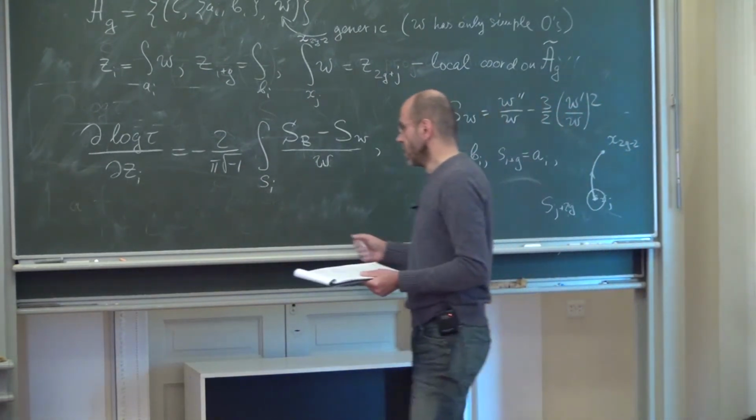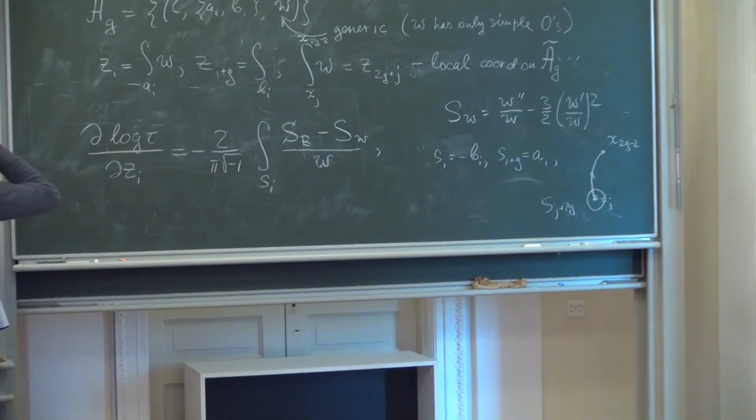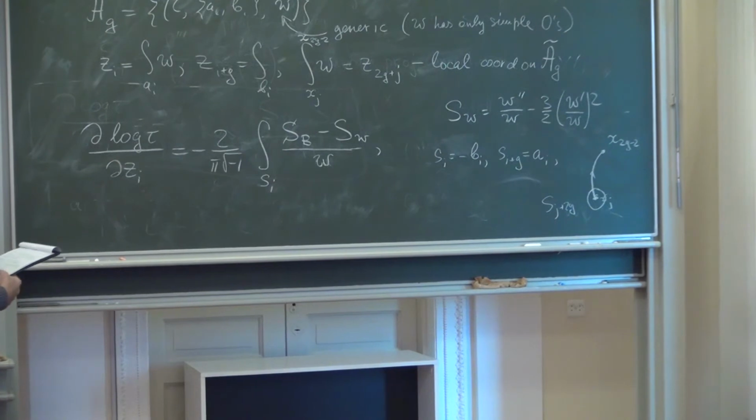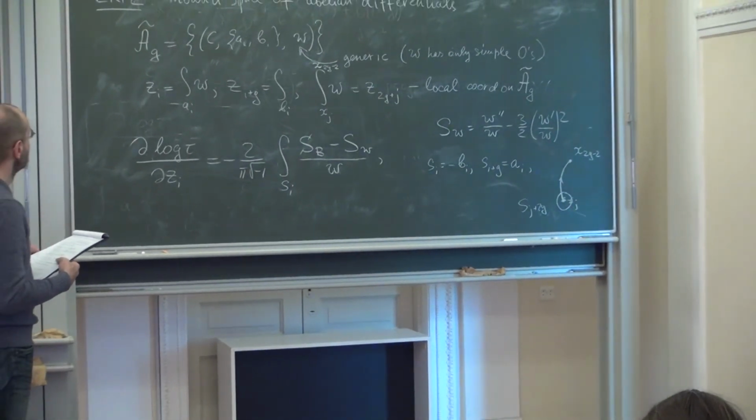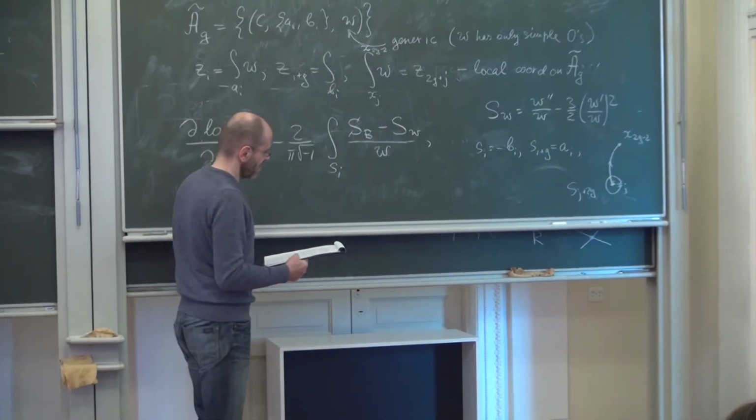Okay, and again, as in the case of meromorphic function, this tau extends as a holomorphic, nowhere vanishing function on the space A tilde.